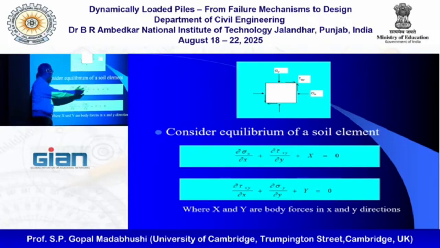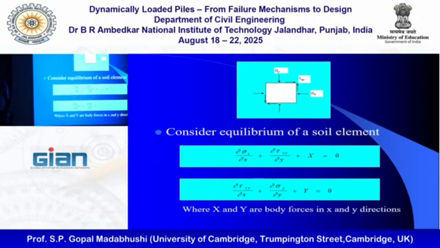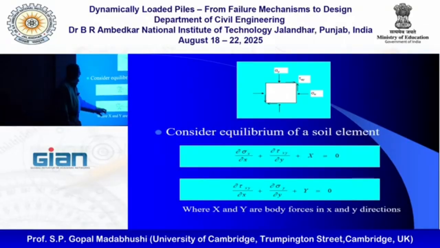If I add all of them, it should be 0. Then I know my element is in equilibrium horizontally. Similarly, in the vertical direction, dou tau xy by dou x plus dou sigma y by dou y plus Y equals 0. This big X and big Y are the body forces in the X and Y directions. Normally we'll have Y, but we don't have any X. Only during an earthquake will you get X because of the inertial forces.